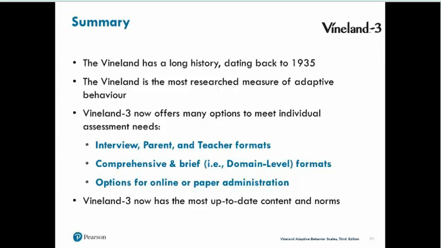It's probably the most researched measure of adaptive behavior and offers many options. So we have the interview form, parent form, teacher formats. These are all available in comprehensive or short domain level formats. There's online administration and paper administration options. So there's a lot of flexibility and a lot of choices and options we have about how we want to use the Vineland 3. And that can be based on how we need to use the Vineland 3.